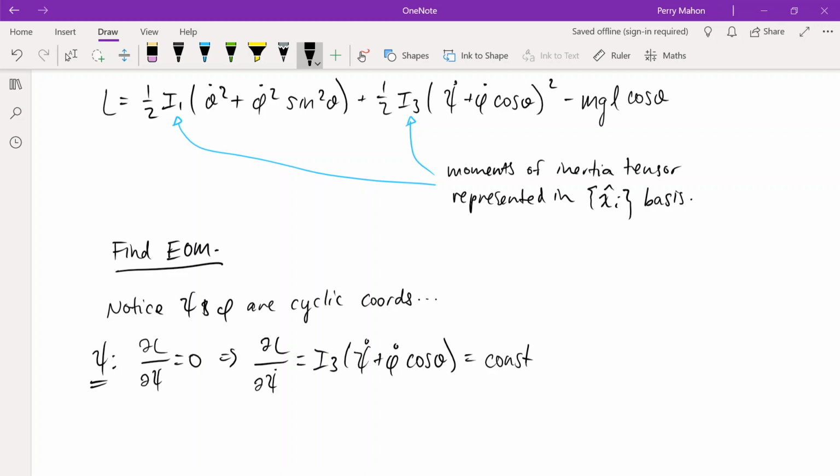So we'll call this I3 times omega 3. Effectively what we're doing is calling this quantity in brackets here omega 3, and this is a conserved quantity as a whole. And we know that I3 is just a constant, so omega 3 is conserved.